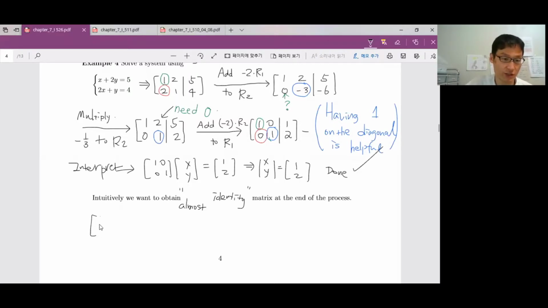If the size is 2 by 2, we need 1, 0, 0, 1. If you have a matrix of size 3 by 3, we need the identity matrix of size 3 by 3. It's quite easy: 1's on the diagonal and 0 everywhere else.